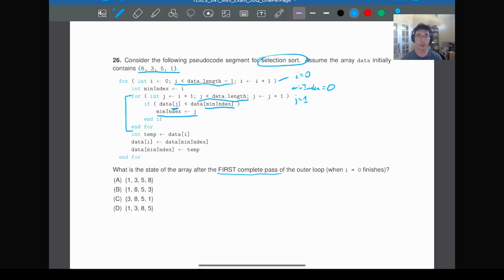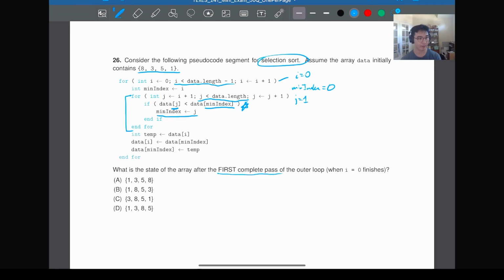So to sum up what this for loop and the if condition are doing, you're basically trying to find the minimum index, or the index that contains the smallest value, right? You're comparing all the values you see, data j, with the current smallest value, which is data min index. And if you find a new smaller value, you update min index to where that new smaller value is.